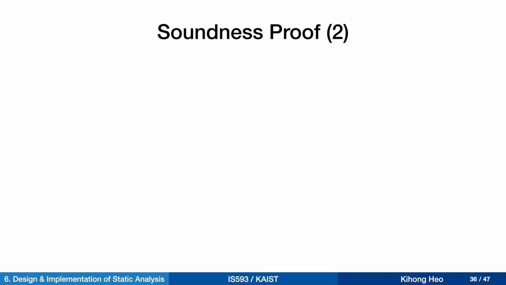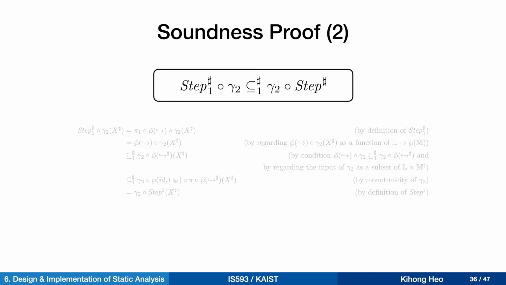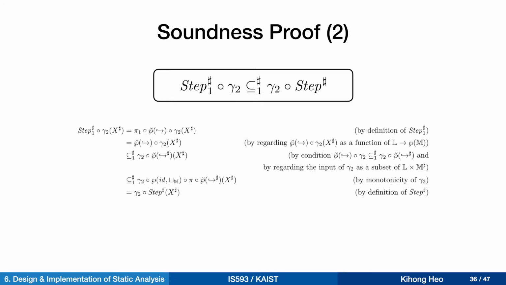Next, let's see the first case, the soundness of the step sharp function, which is denoted like this. The proof is simply done as follows. Let's take a look at this one by one. Here, first we expand the definition of step sharp 1 here.